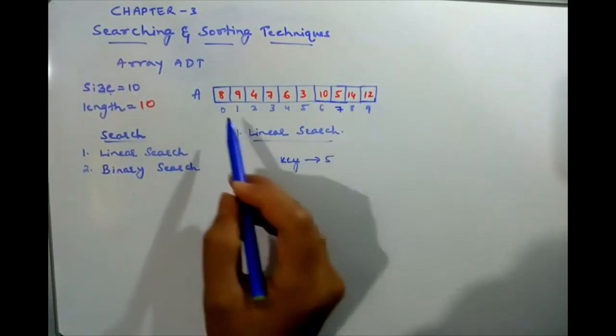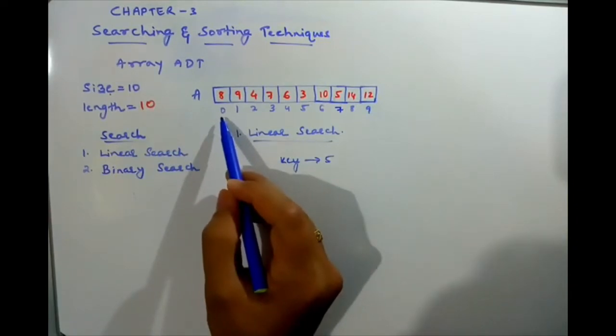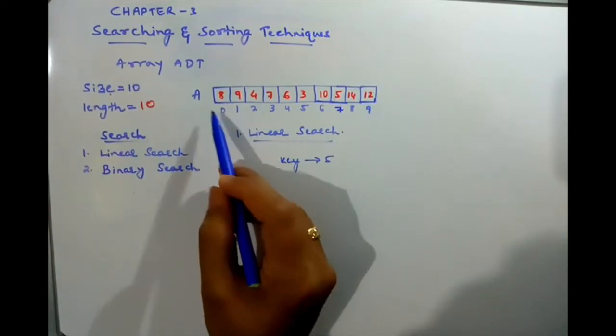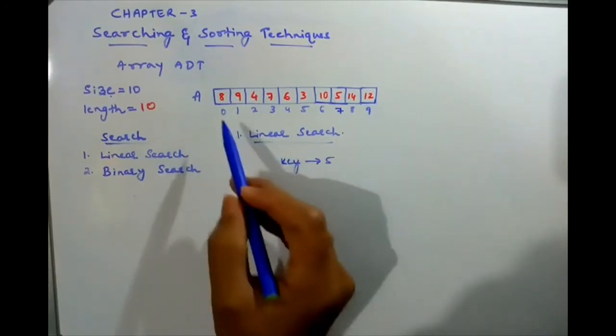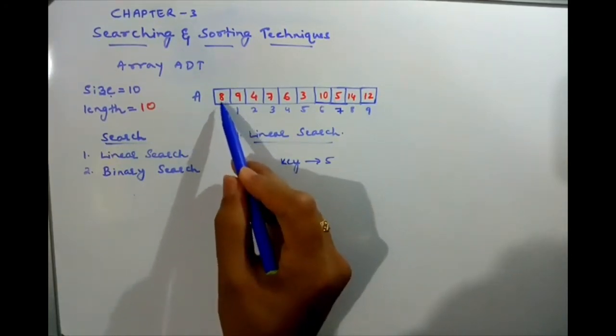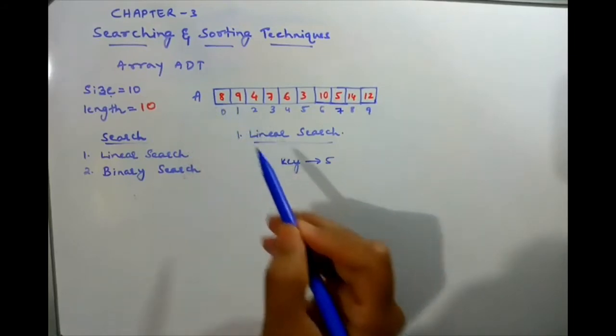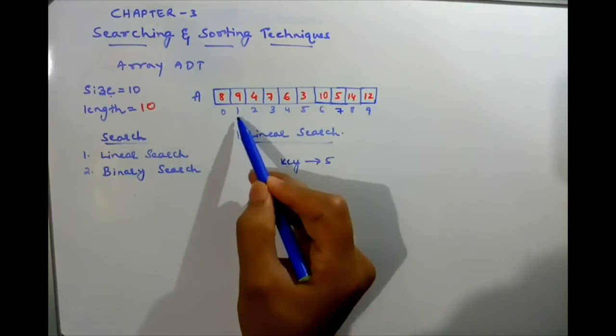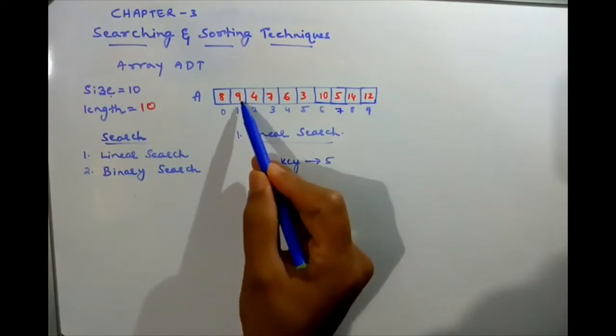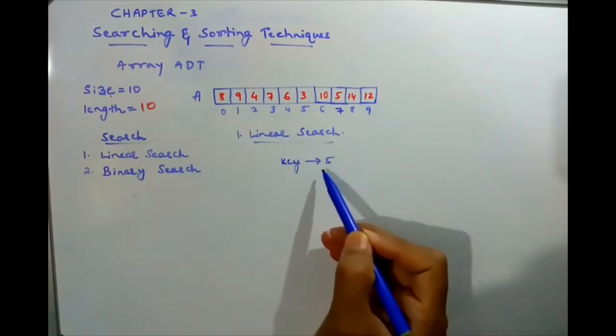So how is the key 5 found? Initially we go to index 0, that is a of 0, and compare it with key. Whether a of 0, which is 8, is equal to key, which is 5? No. Then we increment I and go to the next place. So a of 1, which is 9, is it equal to key, which is 5?